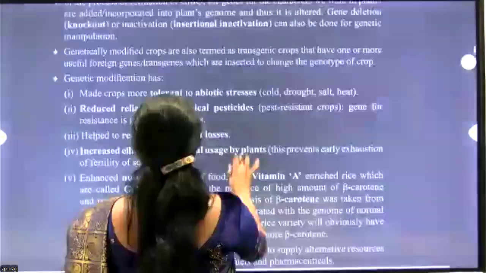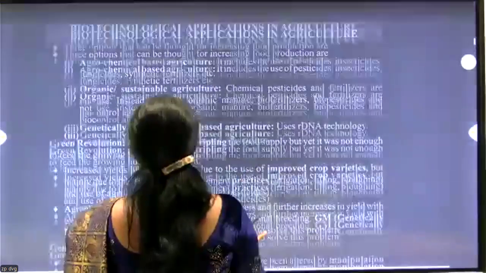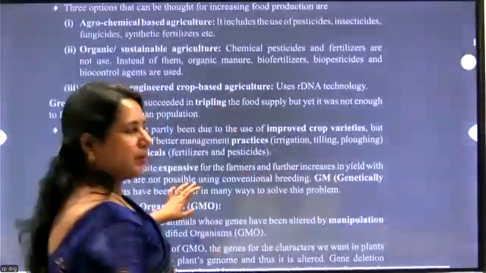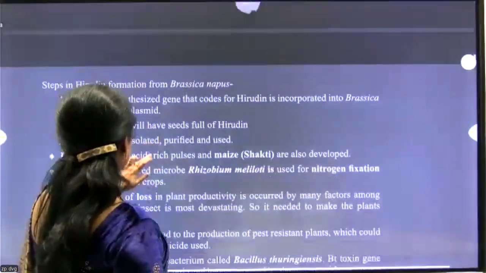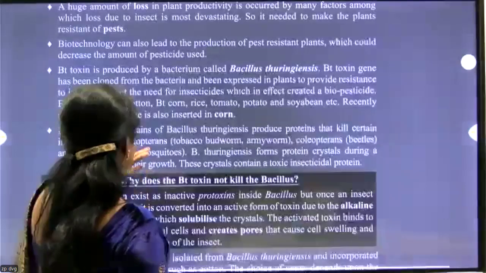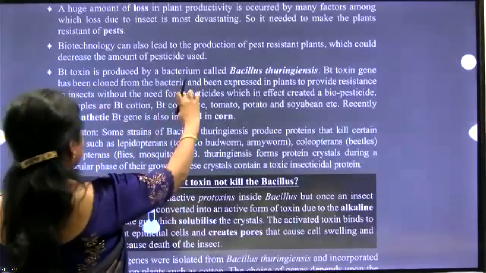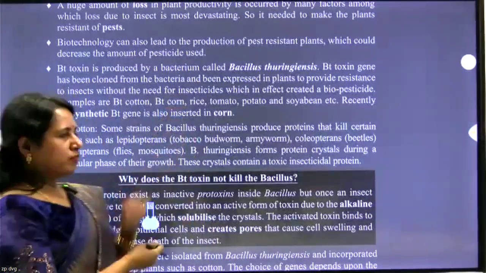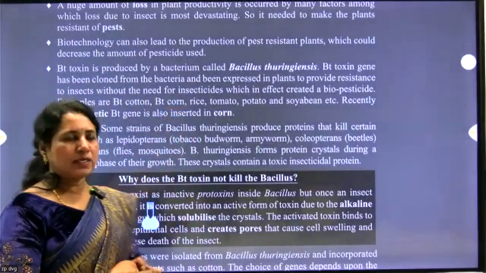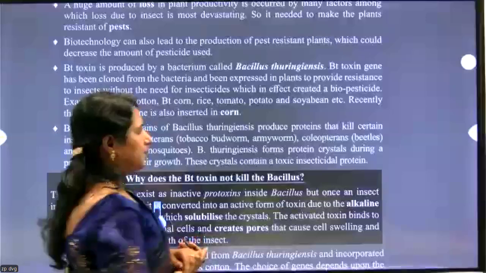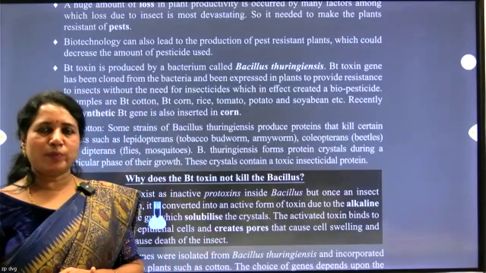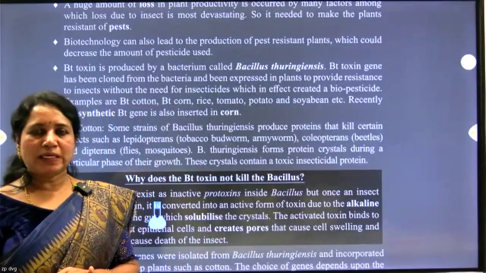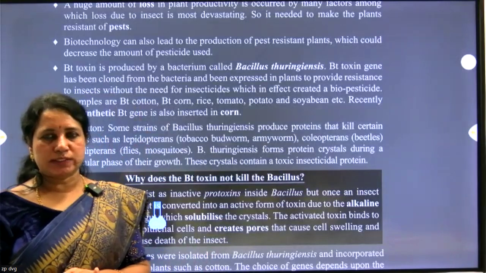Here the BT crops are made pest resistant by using genes of Bacillus thuringiensis. This Bacillus thuringiensis, in abbreviated form, is named BT. BT means Bacillus thuringiensis.